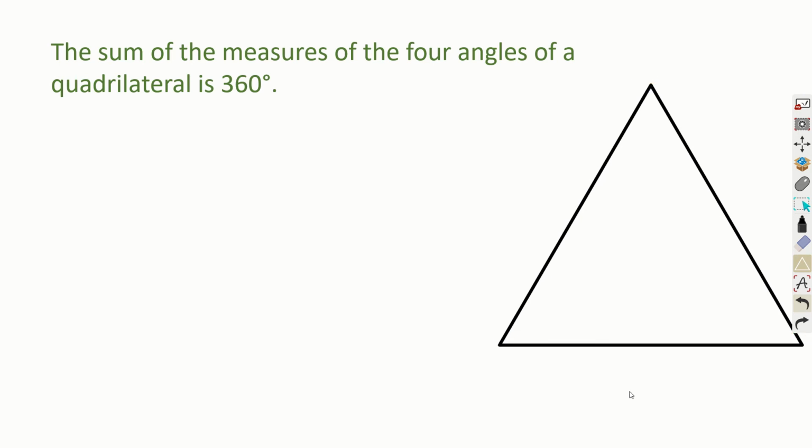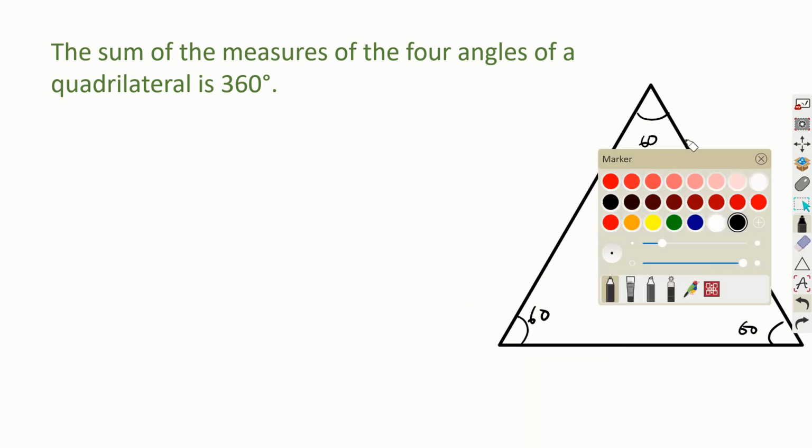So this is a triangle, and we know that the sum of the measures of the angles of this triangle is 180 degrees. This is an equilateral triangle and it is 60, 60 and 60, total is 180 degrees. Any triangle you take.